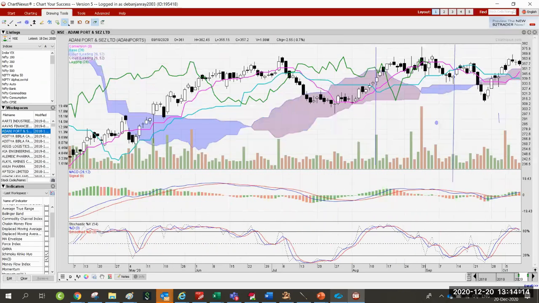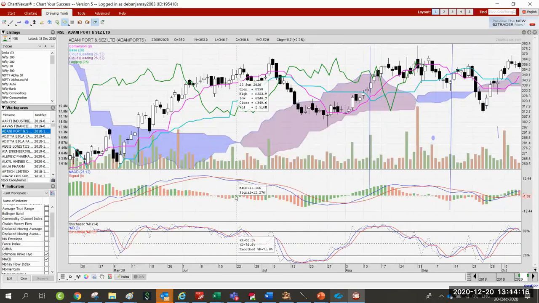Here we can see a Kumo twist. There is a Kumo twist. Very bullish. There is a Kumo twist. So in the Kumo twist, you have to go 26 candles before. How to do that? There is a technique here.